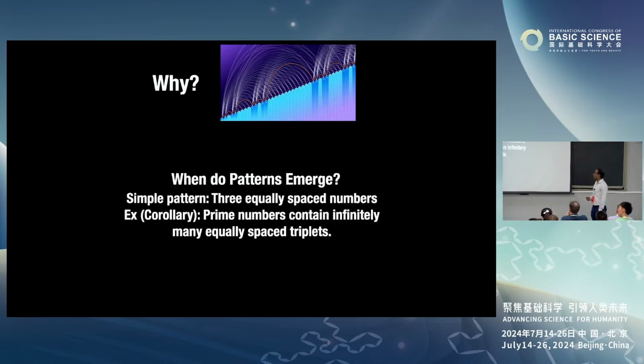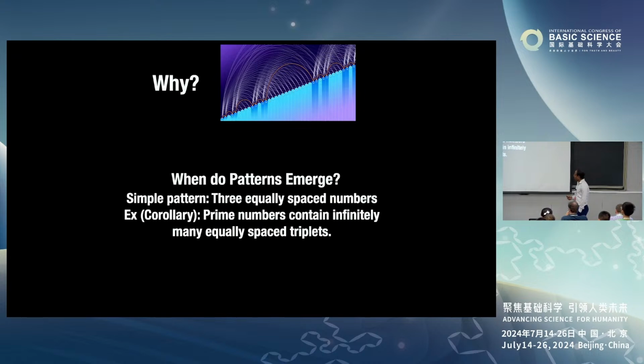Okay, so for example, especially when you're looking at numbers, 3-term progressions are probably one of the simplest, right? And as a corollary of Bloom's or our result, for instance, you can immediately conclude that prime numbers actually contain infinitely many 3-term progressions, and this follows without using any properties of primes except that there are enough of them.